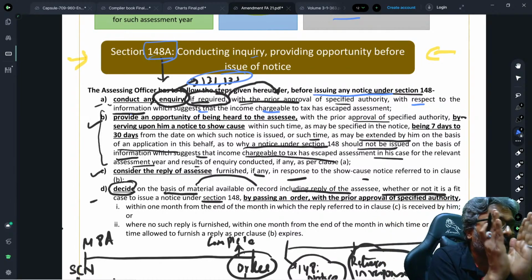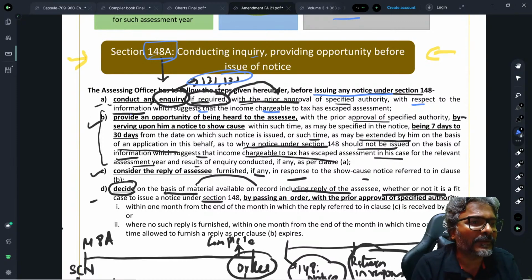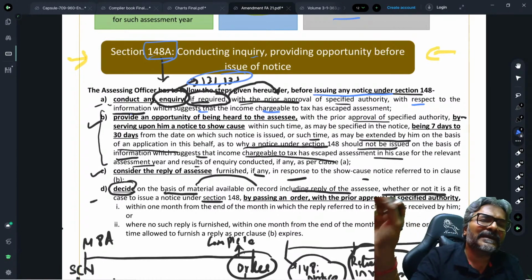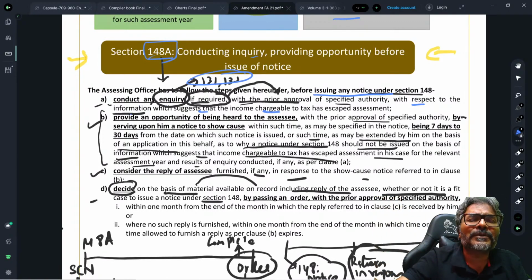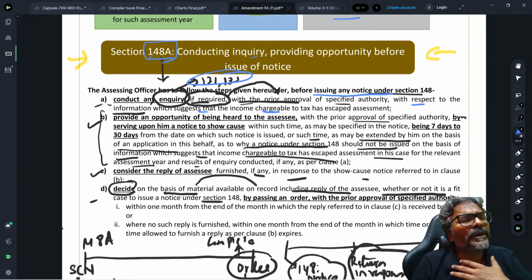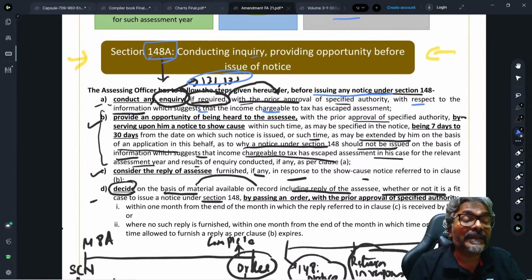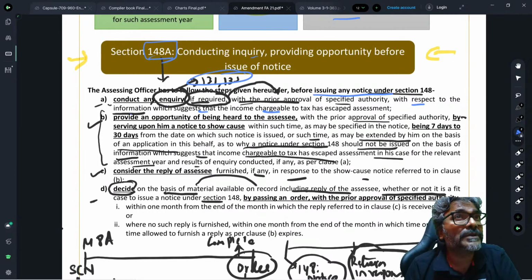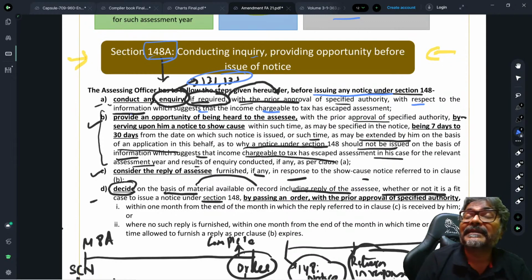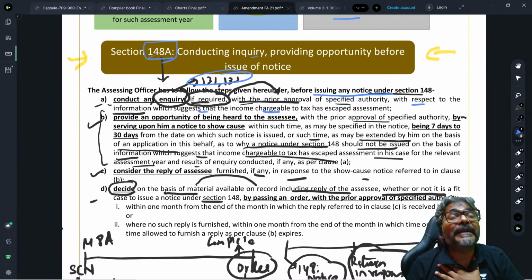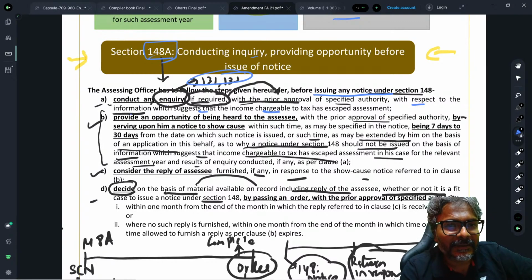Once you have done this preliminary inquiry on the basis of the information which suggests that there is an income chargeable to tax which has escaped the assessment, and you are convinced after the inquiry that yes, this has happened, then you will issue a show cause notice to the assessee, telling the assessee to tell me the reason why I should not be undertaking the reassessment under section 148 in this regard.